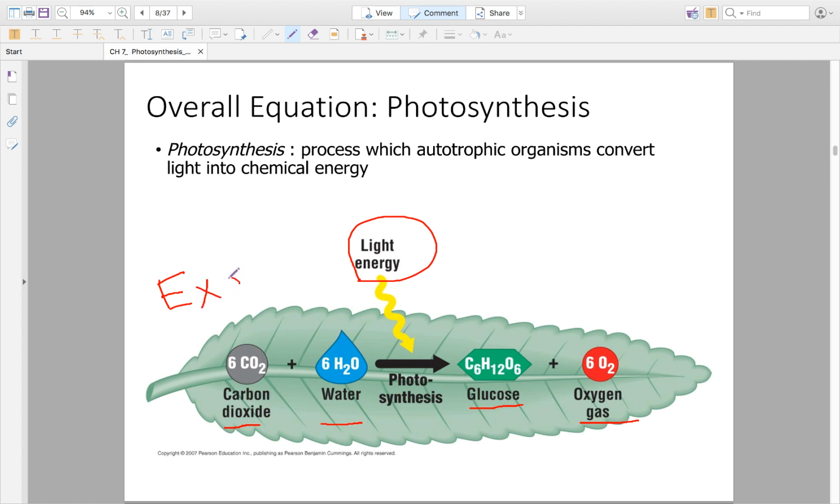This is exam material. Actually, everything I'm going over is exam material, but you need to know this formula. I would write it multiple times over and over. Usually in the classroom, you guys would definitely be writing this down over and over again. All right, now what's happening here is we're turning light energy into chemical energy, which is of course our glucose.